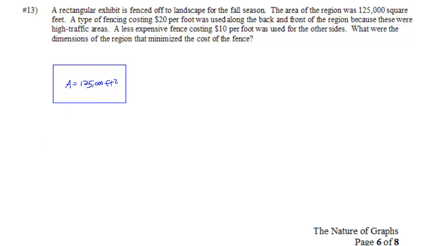A type of fencing costs $20 per foot to be used along the back and the front. Let's call the front and the back length L. So L is the length in front and back. And it's $20 for that.